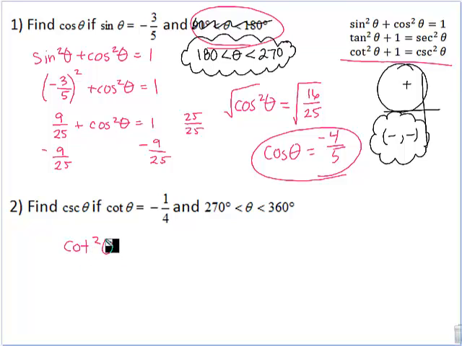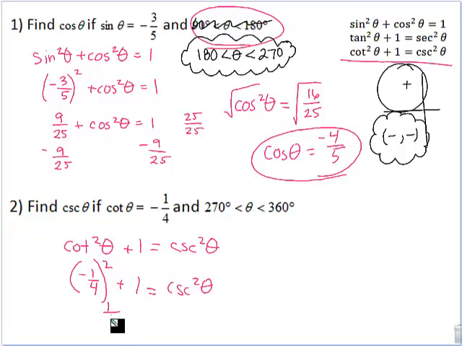So cotangent squared of theta plus 1 is equal to cosecant squared of theta. We know cotangent is negative 1/4, so we'd say negative 1/4 squared for cotangent squared plus 1 should equal cosecant squared of theta. Well, what would be negative 1/4 squared?